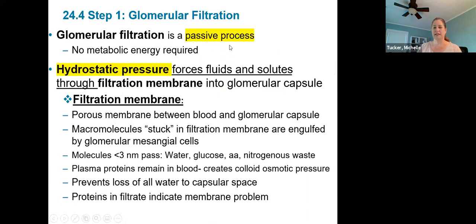Glomerular filtration is a passive process. It is going to be dependent on pressures. Remember, we're going back to hydrostatic pressure and osmotic pressure.